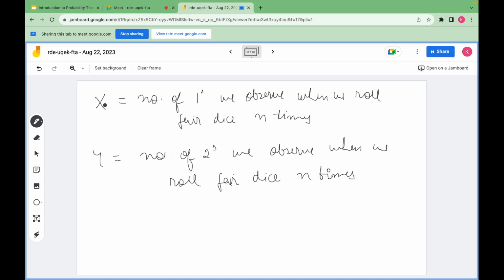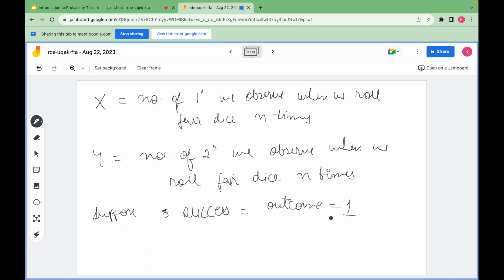And we have said that x is the number of ones that appear when we roll a die n times. Let's suppose success is defined as the outcome being equal to 1.